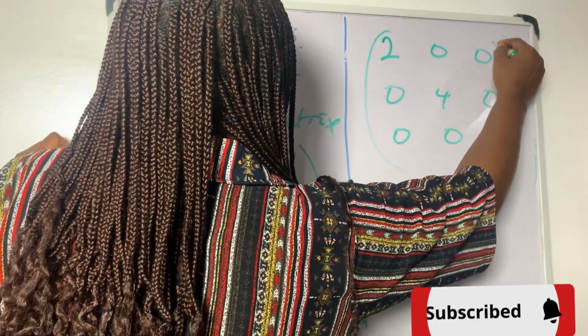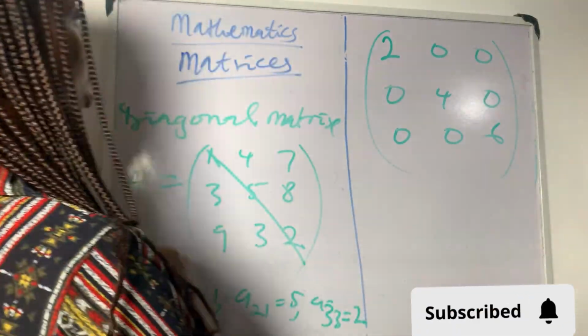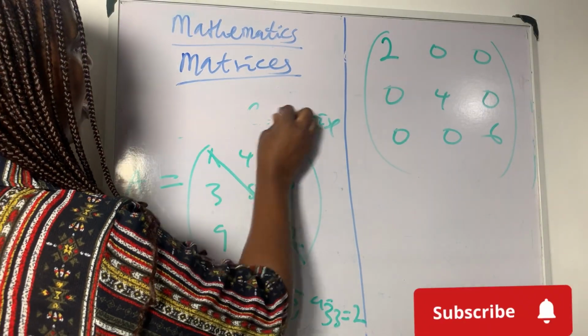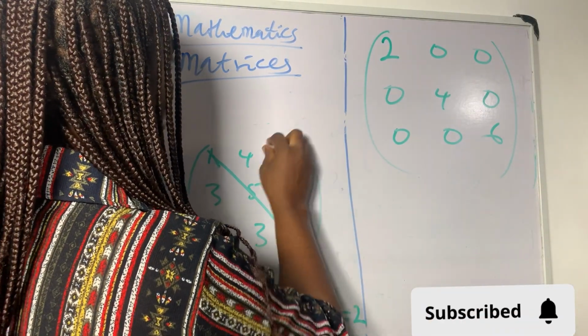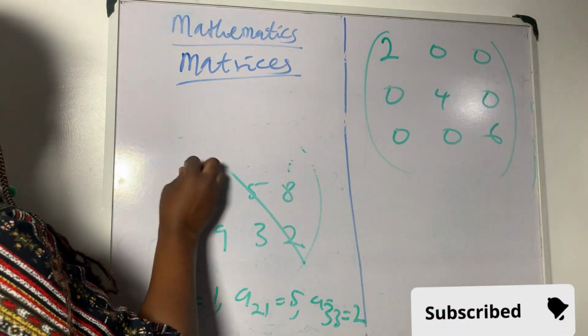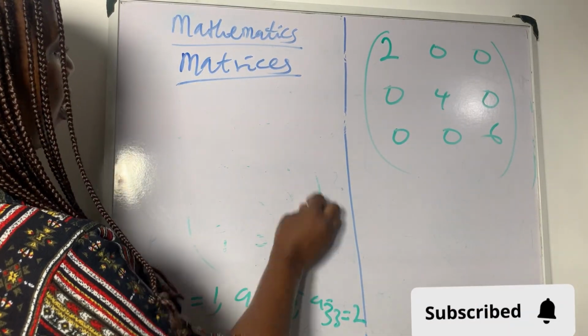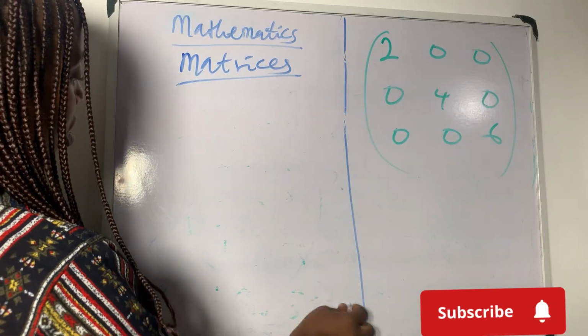This is a typical example of a diagonal matrix. It is only the entries at the diagonal that are non-zero. Other ones outside the diagonal are zeros.